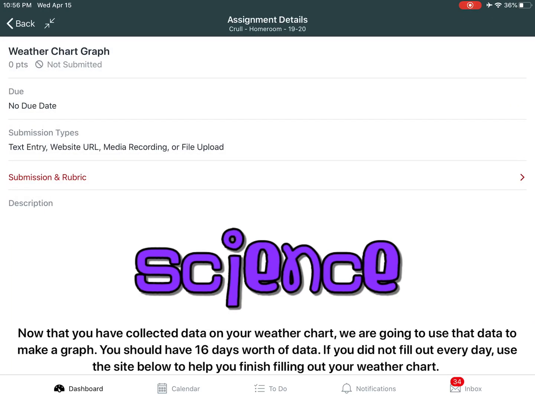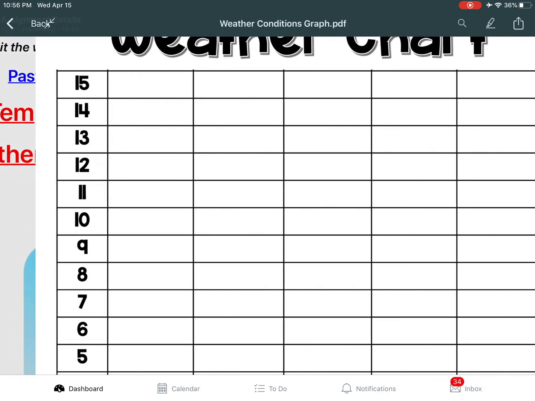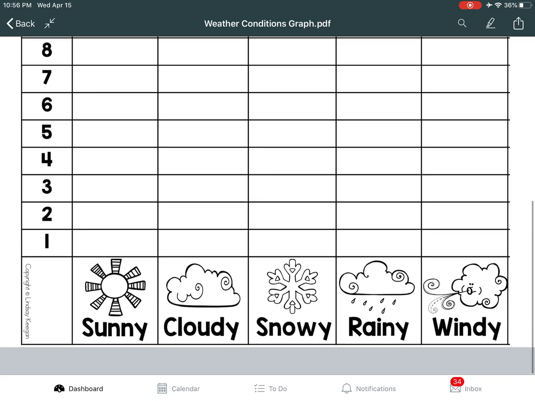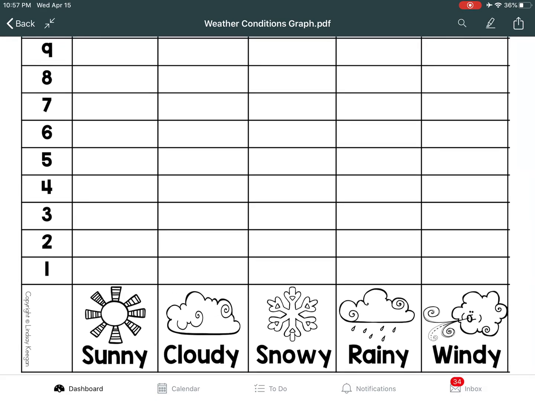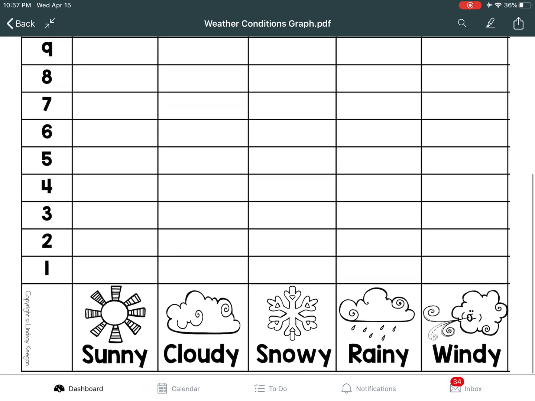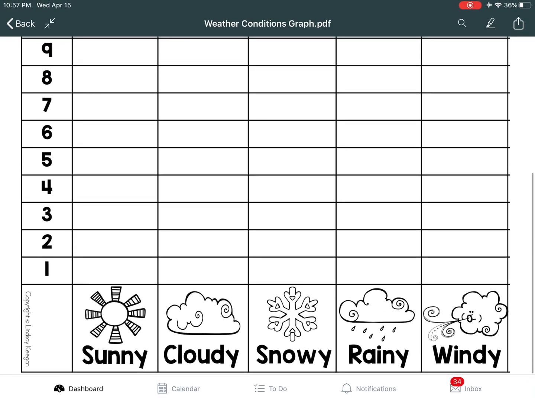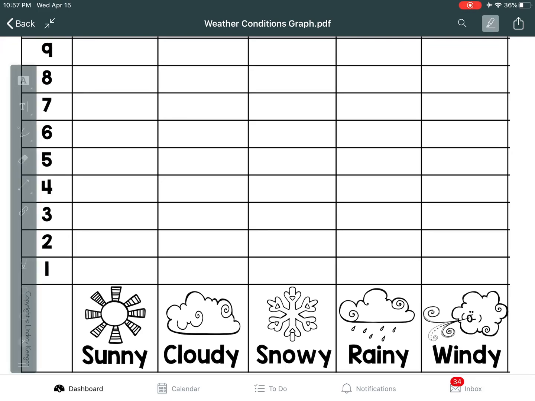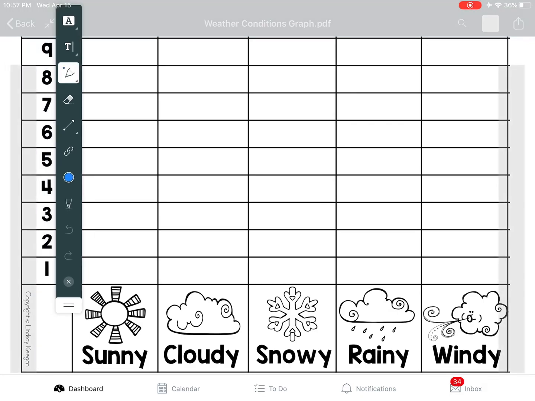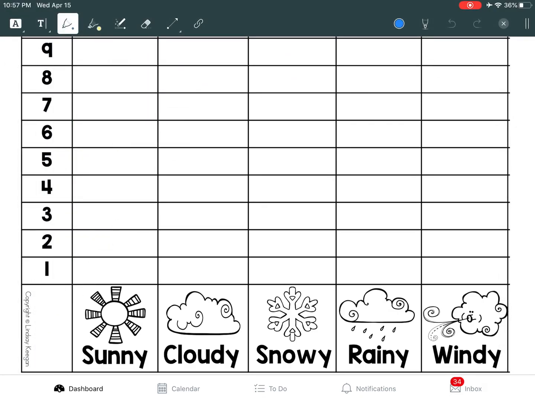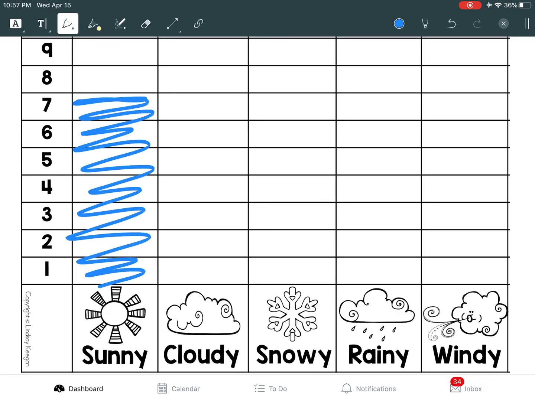Or if you'd like to, you can do the weather conditions bar chart. So it's the same thing. So you're going to look and count how many days were sunny, how many days were cloudy, how many days were snowy, rainy, and windy. Now, I remember that there were some days that were half. So let's say that we had 7.5 days that were sunny. So that means we would color in 7 and then just half like that.